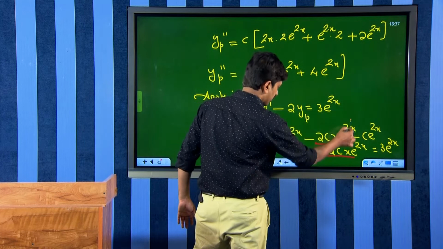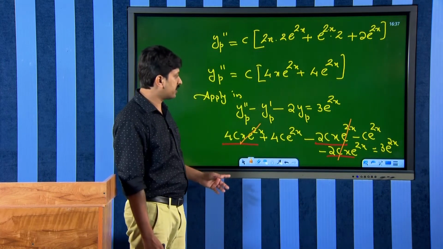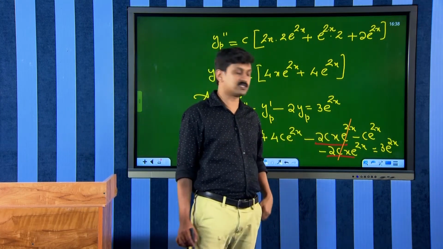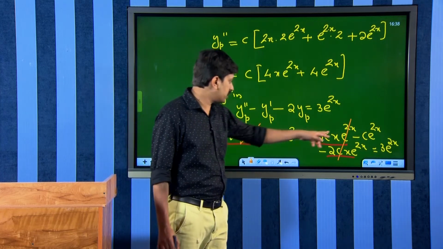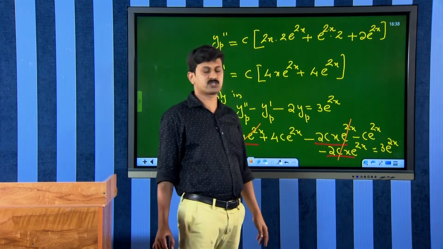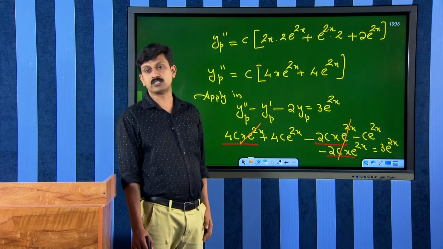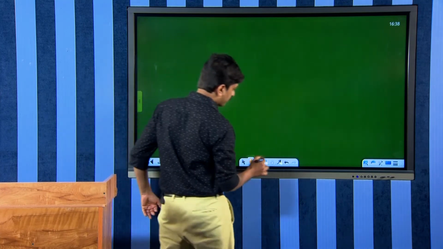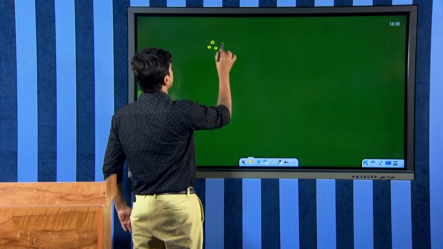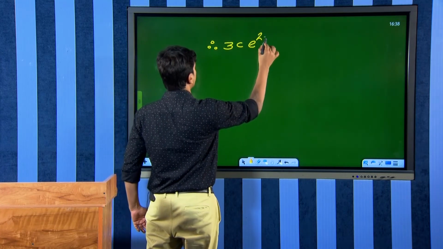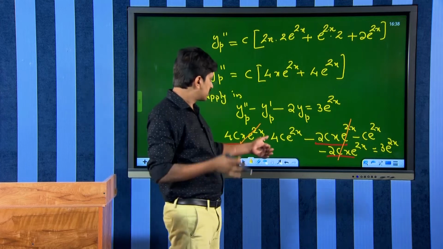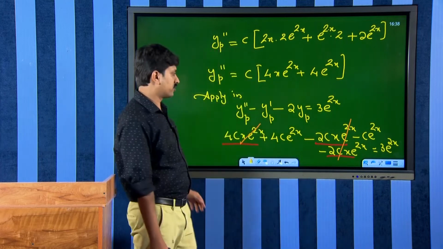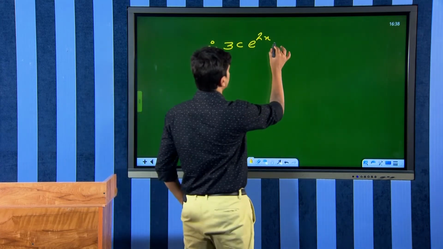So the 4 c x e raised to 2x and minus 4 c x e raised to 2x will cancel, and finally we have 4 c e raised to 2x minus c e raised to 2x. So we will have 3 c e raised to 2x, which is equal to 3 e raised to 2x.